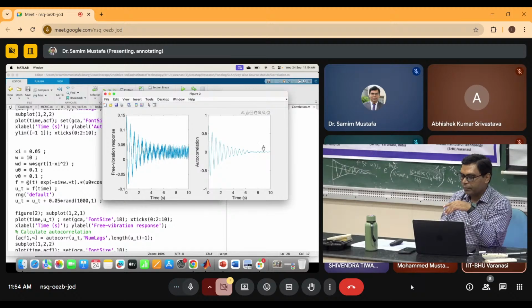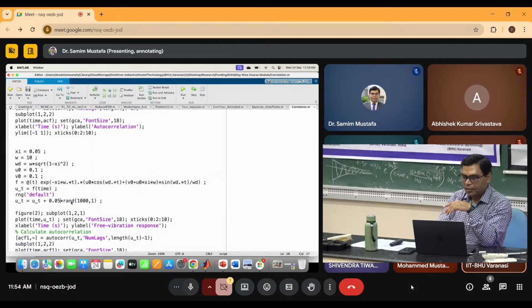For example, instead of white noise, this random noise, if there is some other method to generate autocorrelated noise and then you add this, then probably you will see a similar kind of pattern if you apply the autocorrelation to noise only. So here, because I wanted to show how to calculate the autocorrelation function and how to check whether the noise is correlated or not.